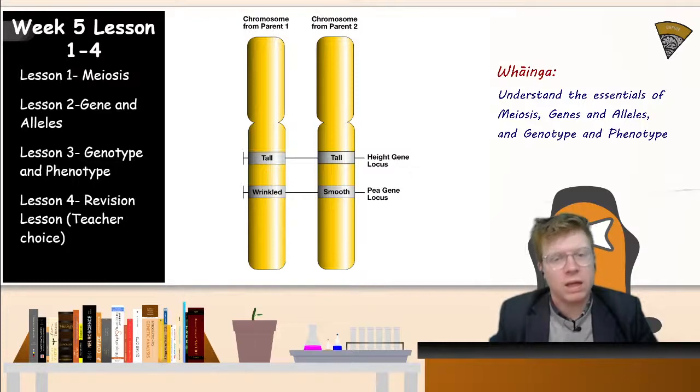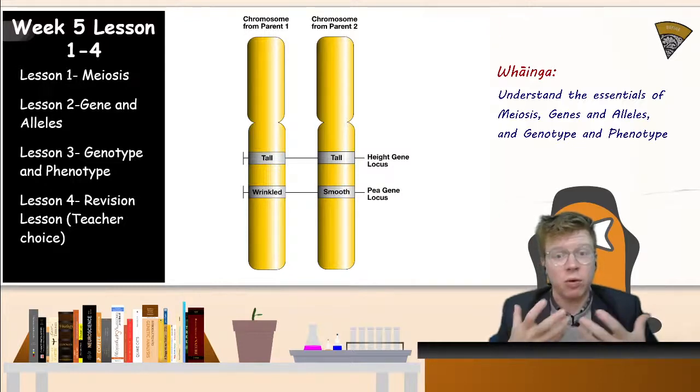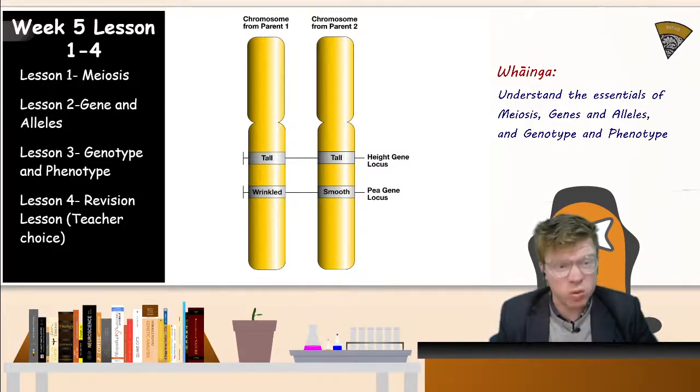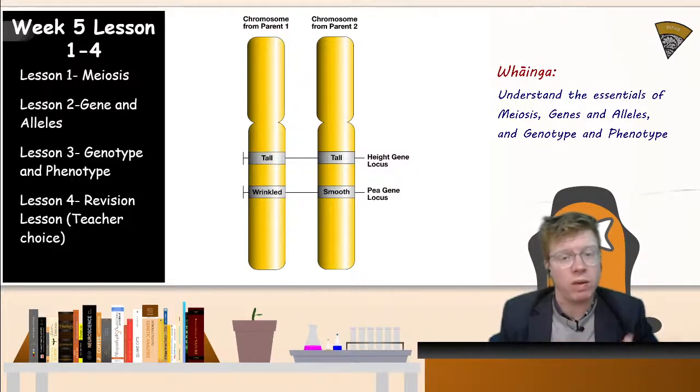The particular organism that we can see has 2 tall alleles. Remembering alleles are different forms of the same gene, so presumably there might be a short allele or maybe even a medium-sized allele. And we've got our pea genes there: our smooth pea gene and our wrinkled pea gene.